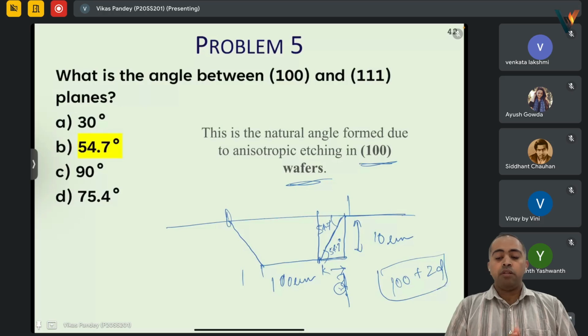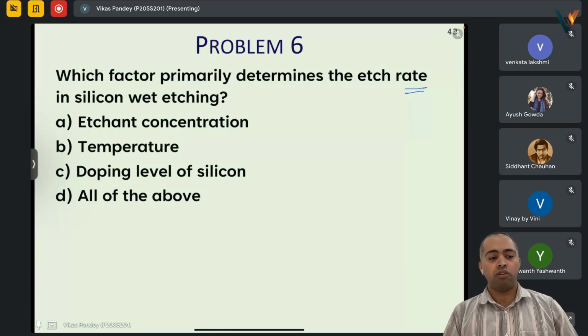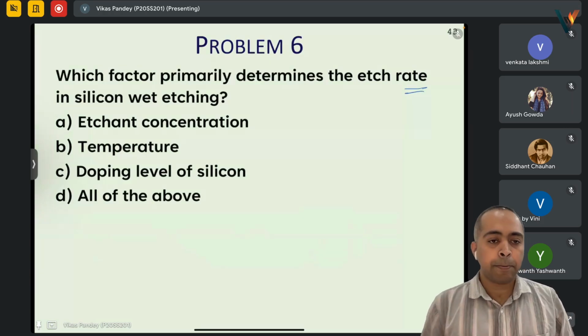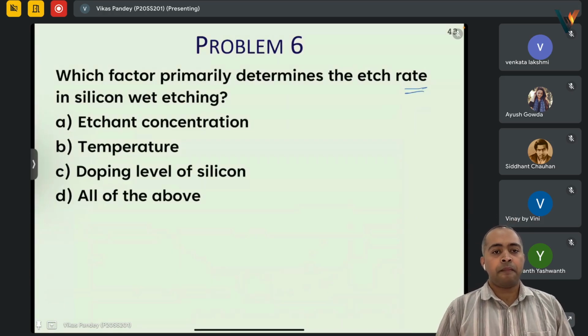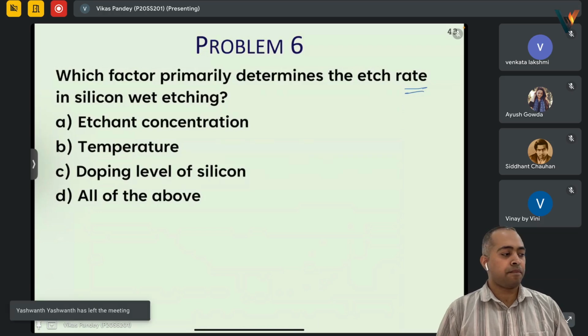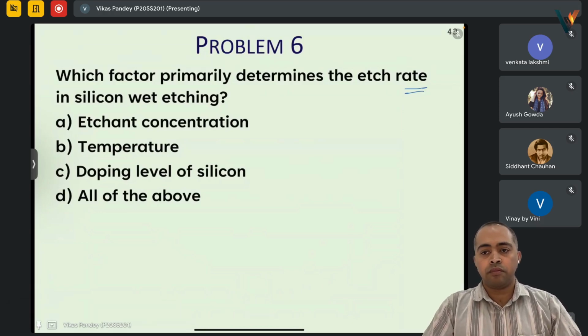Which factor primarily determines the etch rate in silicon wet etching? Etchant concentration, temperature, doping level of silicon, or all of the above? Yes, anyone? Ayush, are you there?